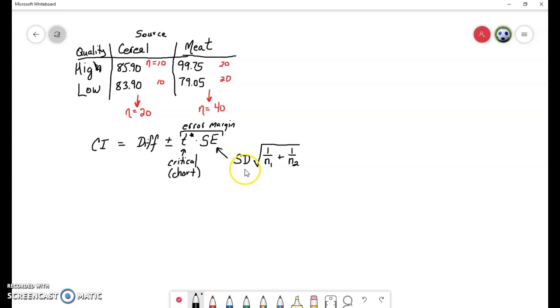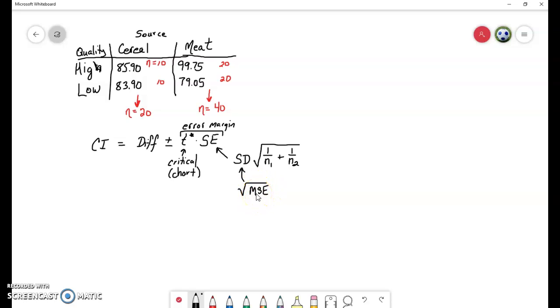Now let's unpack this just a little bit more. The standard deviation itself is the square root of the mean squared error. And you can get this from your output. So in the ANOVA table, the residual line, the one that's the errors, you'll look for the mean squared, and you'll get your value there.